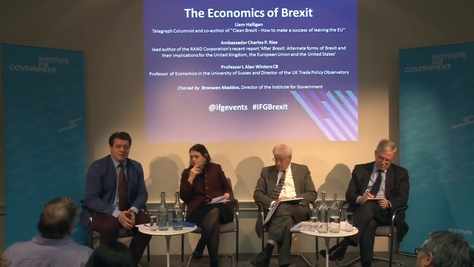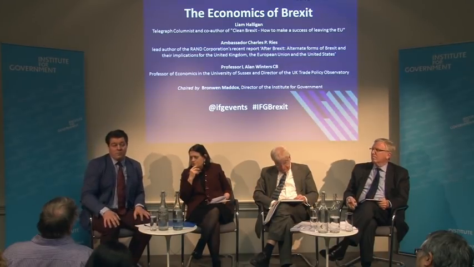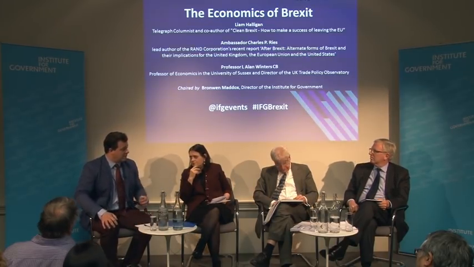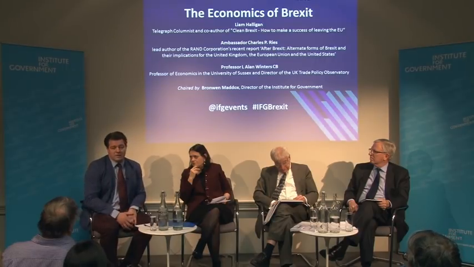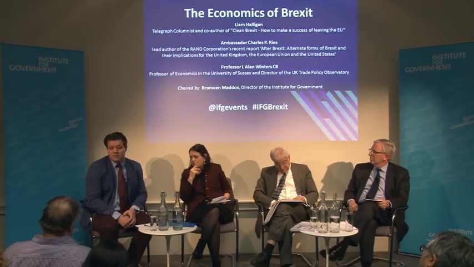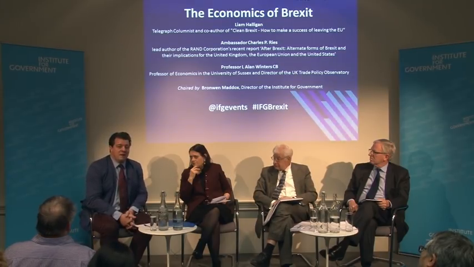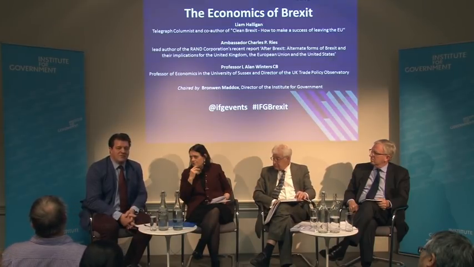I think it's a little bit sad that the last official attempt we had at government forecasting, as opposed to Rand and other academics, or other groups like Economists for Brexit and so on, was the Treasury before the referendum. And of course, as an economist, it's very difficult to get your head around just how wrong they were.